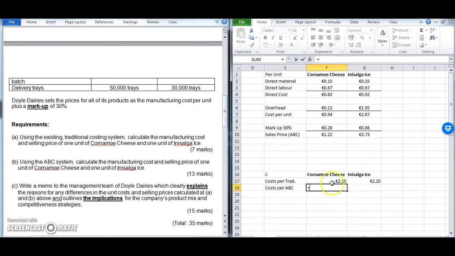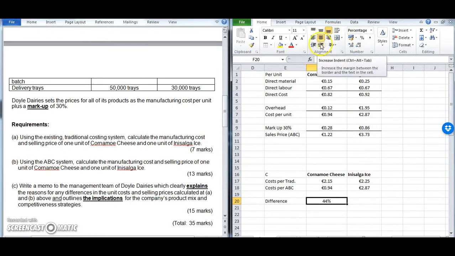However, the cost here for ABC is only 94 cents and $2.87. If I was looking at the cost only, and you can look at the selling price as well, it tells you the exact same thing because the relationship is only 30%. The good students may even put in the difference as a percentage.